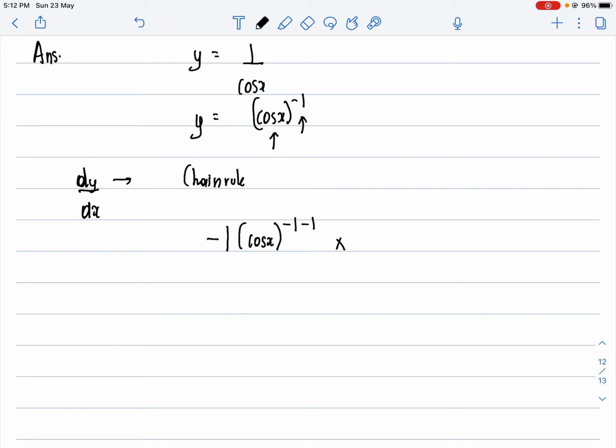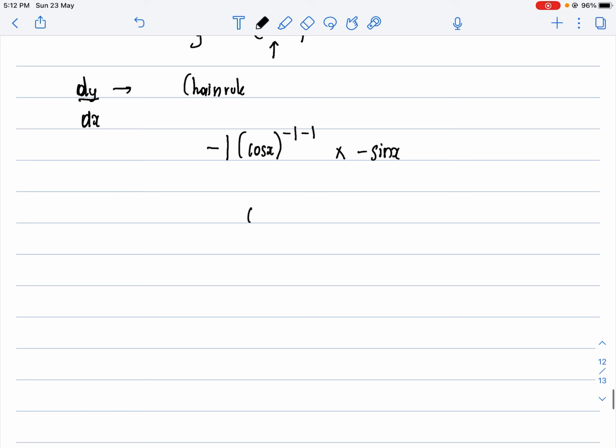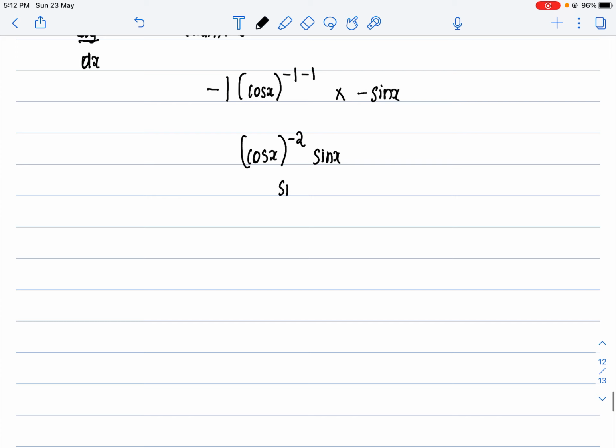The differentiation of cos x is minus sin x. So I can now write this as (cos x) raised to minus 2 times sin x, which can be written as sin x over cos square x, because when it comes down it becomes positive.